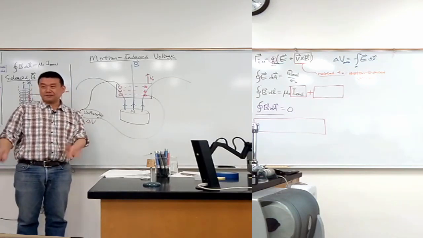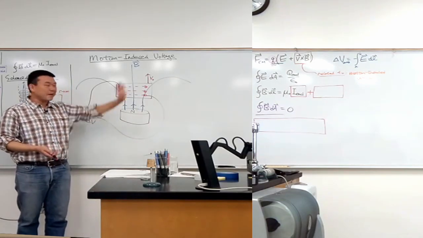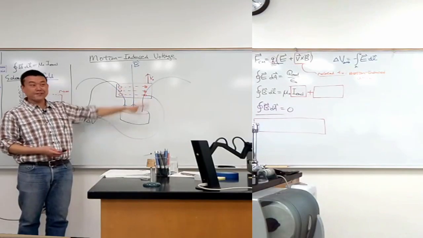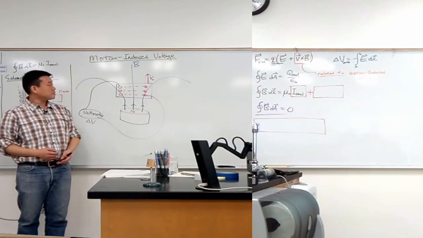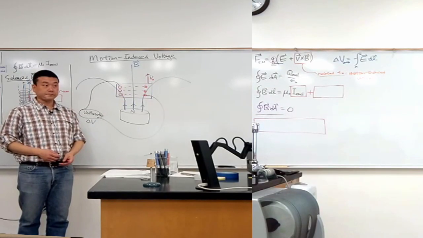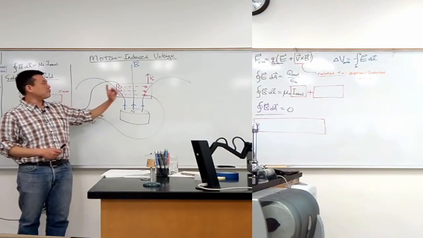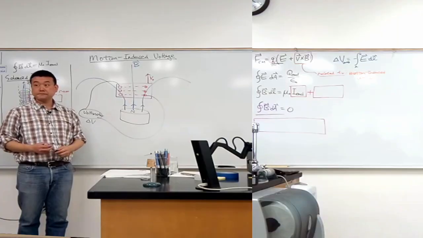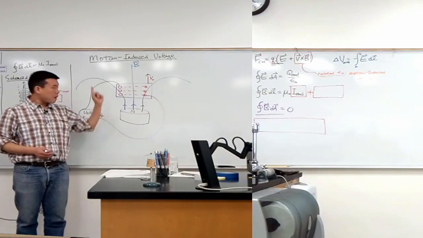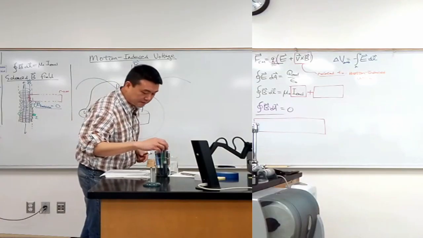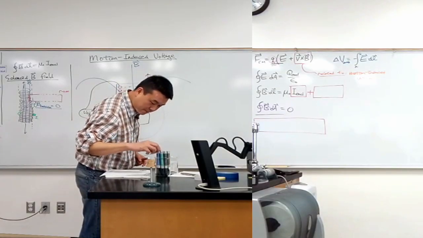They're not negatively charged, but I'm not talking about Hall effect, so I can just imagine they're positively charged. What's the direction of V cross B? For one, what's the direction of the magnetic field? Kevin? Upward, okay. That's an easy thing to observe for now.